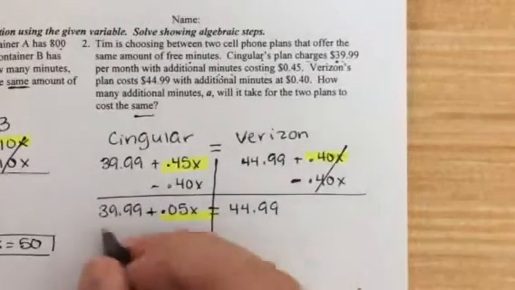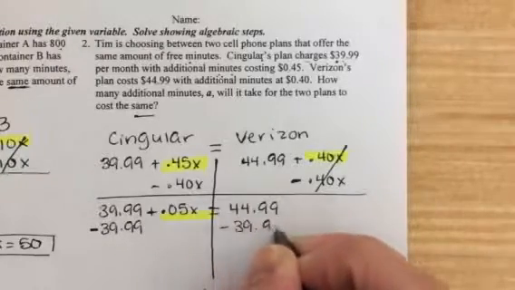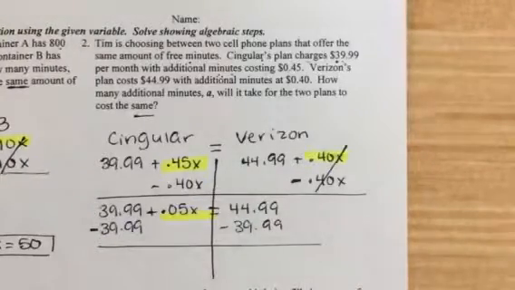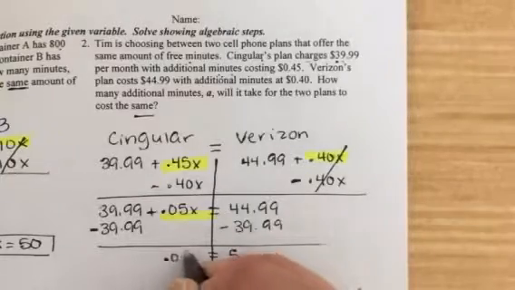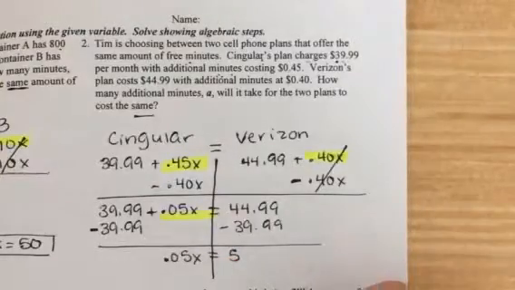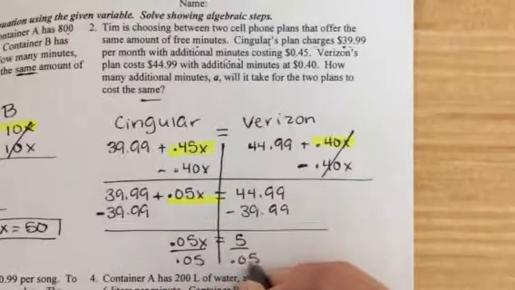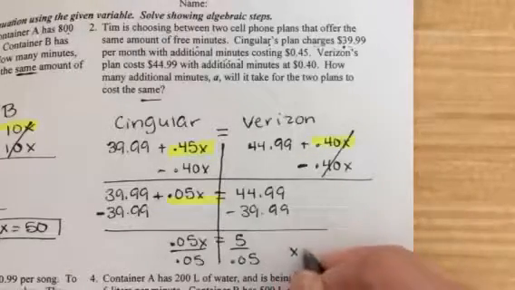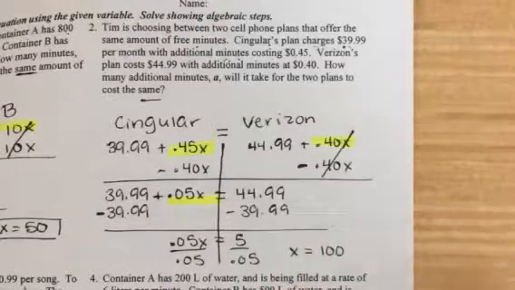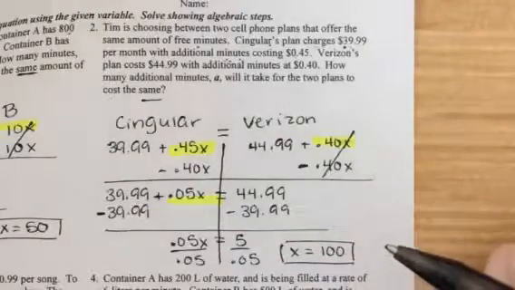Now I know I need to get rid of the $39.99. And now we will get $5. And our very last step is to divide. So X will equal 100. So after 100 extra minutes, both plans will cost the same.